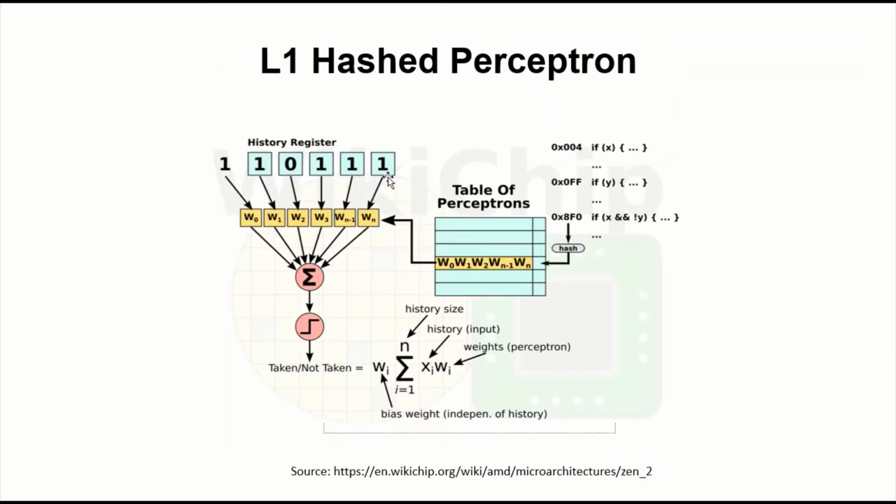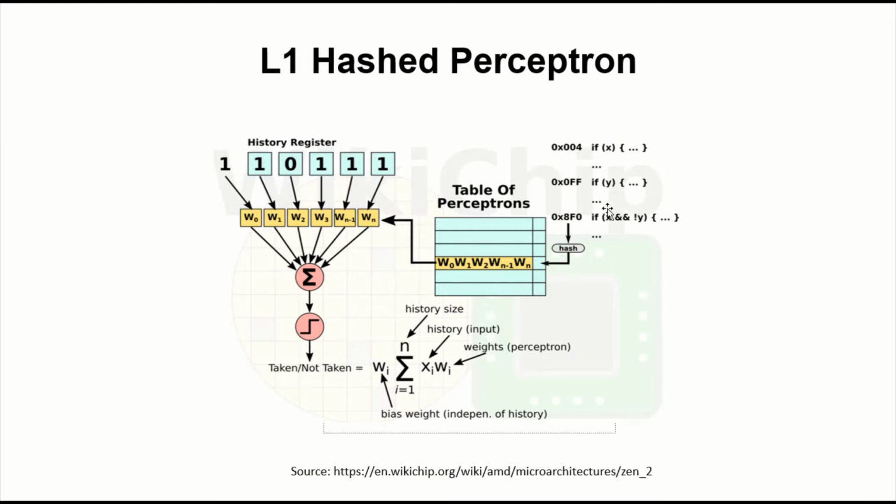Next, I will explain briefly about the L1 perceptron. That is the simplest form of machine learning algorithm inside the front-end unit of Ryzen 9 3950X. The method is accurate, but the implementation is complex, which means the method of deciding which branch is taken is accurate.